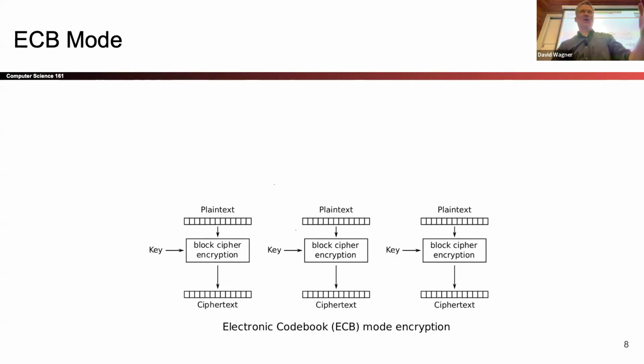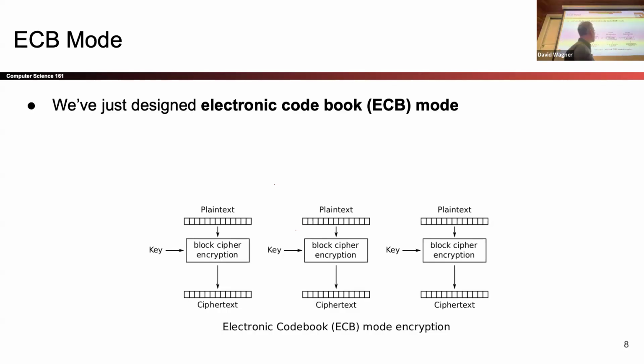All right. So let me walk you through in more detail some of these modes of operation, which ones are good and which ones aren't, and how to solve this problem. Hopefully this gave you a sense of what's involved in designing a mode of operation and what their purpose is. So the simplest mode of operation you might come up with, what you proposed half an hour ago, was to encrypt each block of the message independently, separately.